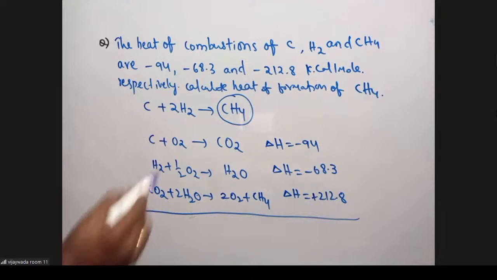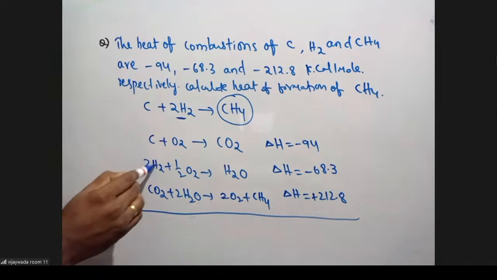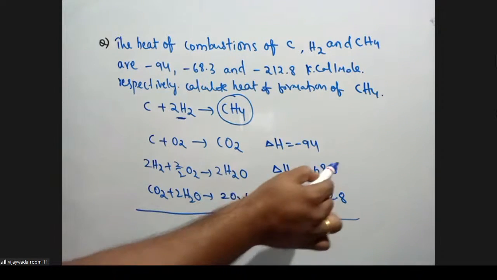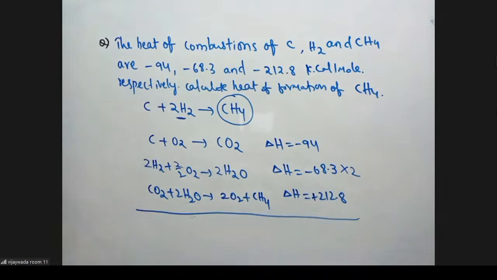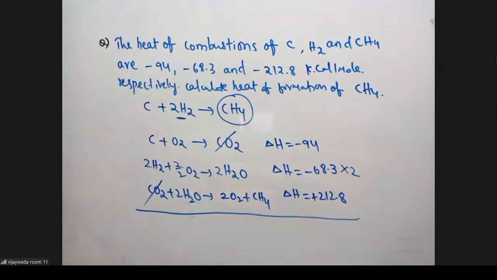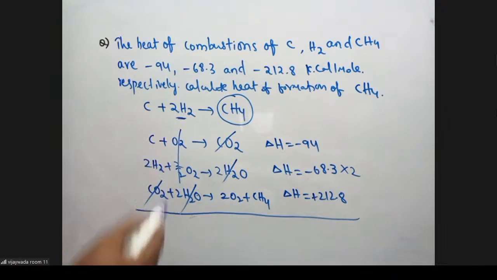In the equation we have two hydrogens, but here only one hydrogen. Multiply with 2: 2H2, 2H2O, again 2. And now add all this. Carbon dioxide on the left side and right side cancel. Water 2H2O, 2H2O cancel. Here 2O2, O2 plus O2, 2O2 cancel.